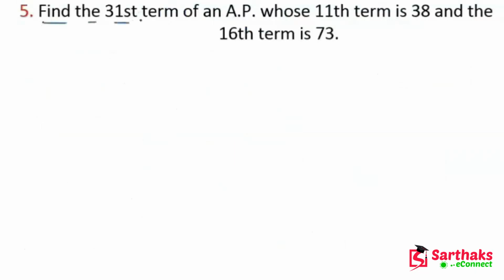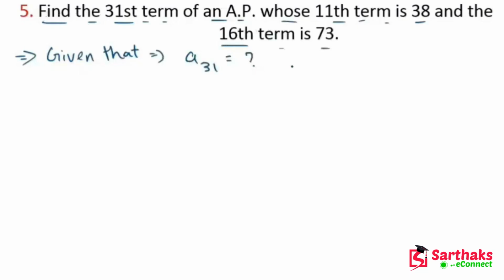Find the 31st term of an AP whose 11th term is 38 and 16th term is 73. Given that, we have to find A31, and A11 is 38 and A16 is 73.